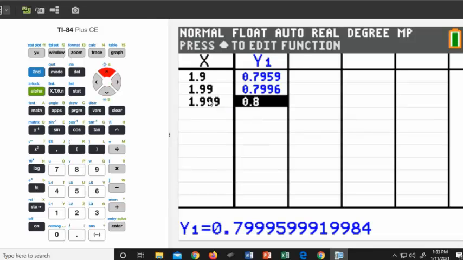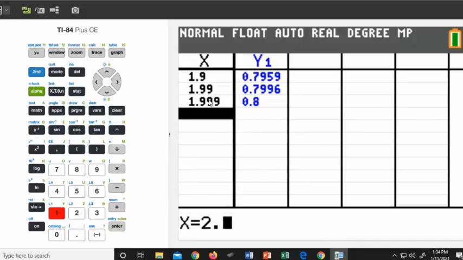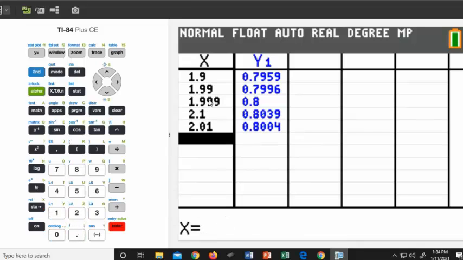Okay, and look at this. It looks like it's 0.8, but is it really? No. I'm going to hover over the y coordinates because it just rounded, it looks like. There's really a lot of digits, and this isn't exactly 0.8. But let's try from the other side. So 2.1, 2.01, 2.001.